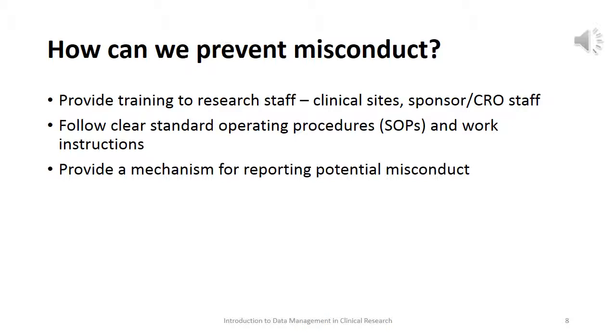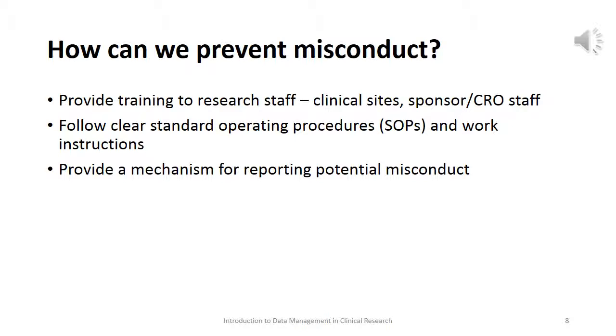We want to follow clear standard operating procedures and work instructions. When you work in our environment, either at a sponsor or CRO or even at a clinical site at an academic medical center, there'll be lots of standard operating procedures that you'll need to be aware of and be able to review, and that's going to govern how you operate at that particular location.